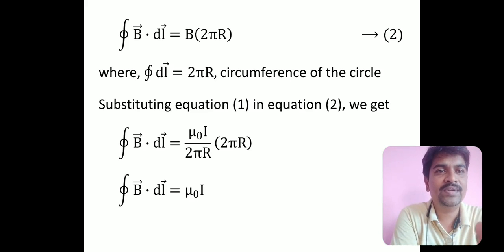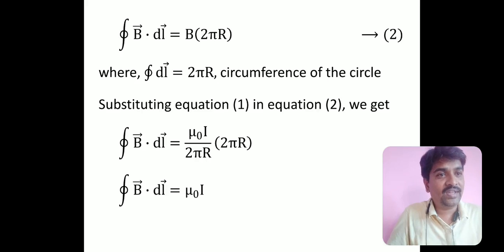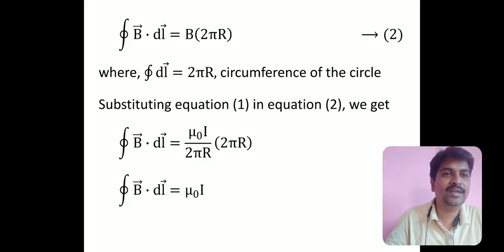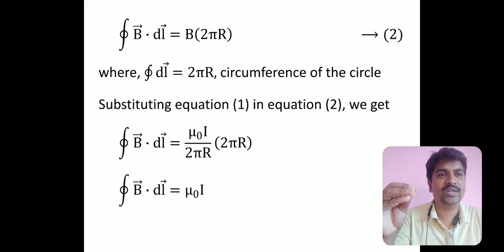2 pi cancels, r also cancels, and I am left with mu naught I. And there I derived Ampere's circuital law very easily by considering a straight conductor. So this is a very simple proof of Ampere's circuital law.